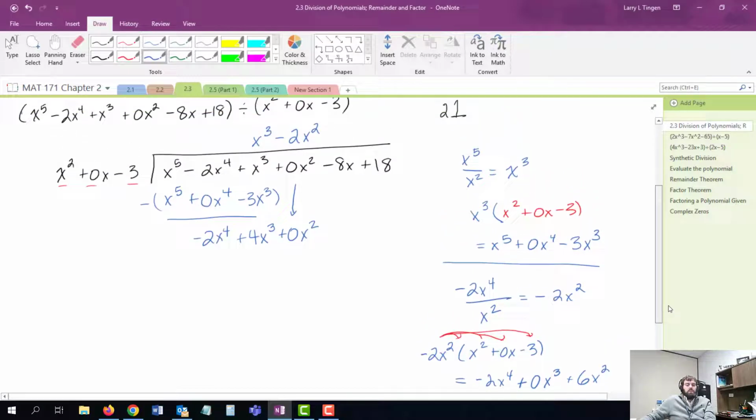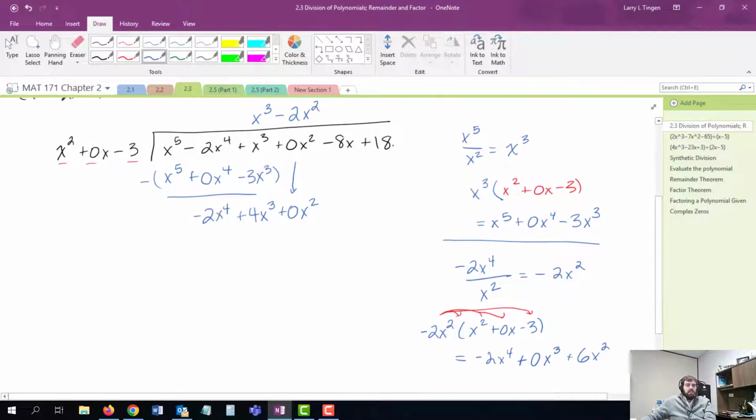I want to show you that what I just did there is the same thing as the long division that you're used to. Negative 2x squared times x squared is negative 2x to the fourth. Negative 2x squared times 0x is 0x cubed. Negative 2x squared times negative 3 is 6x squared.